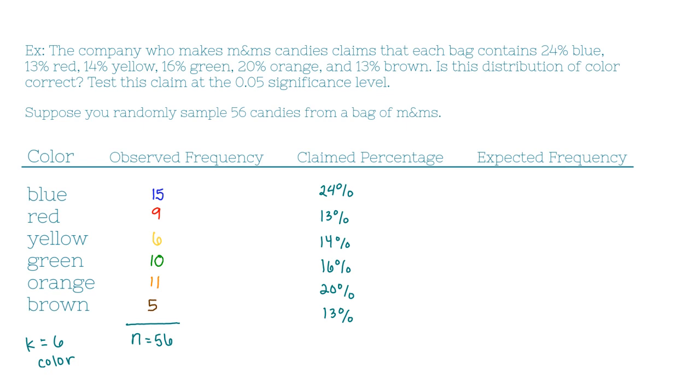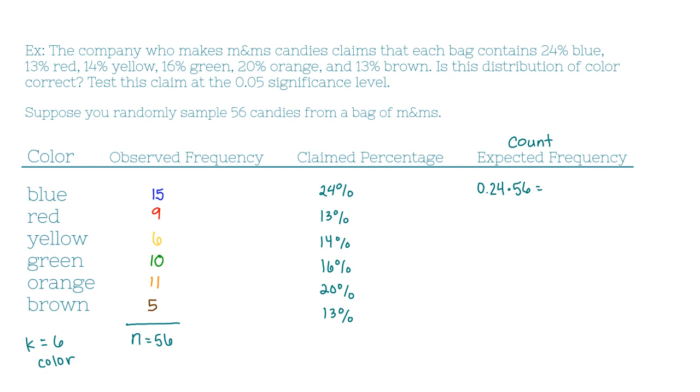So now we want to find the expected frequency or the expected count given those percentages and a sample size of 56. So we observed 15 blue, but if we take any random sample of 56 M&Ms and we claim that 24% of that 56 is going to be blue, what count is that? What is that frequency? So in other words, what is 0.24 or 24% of 56?